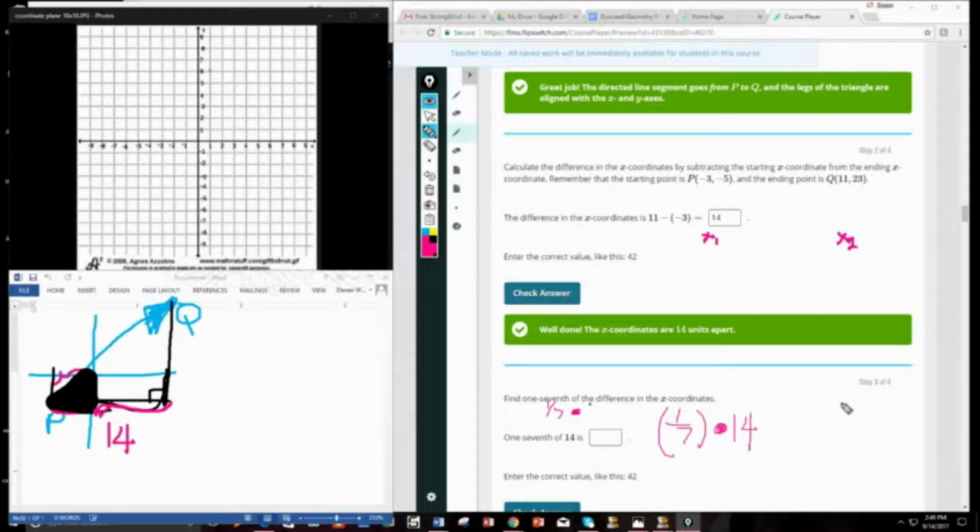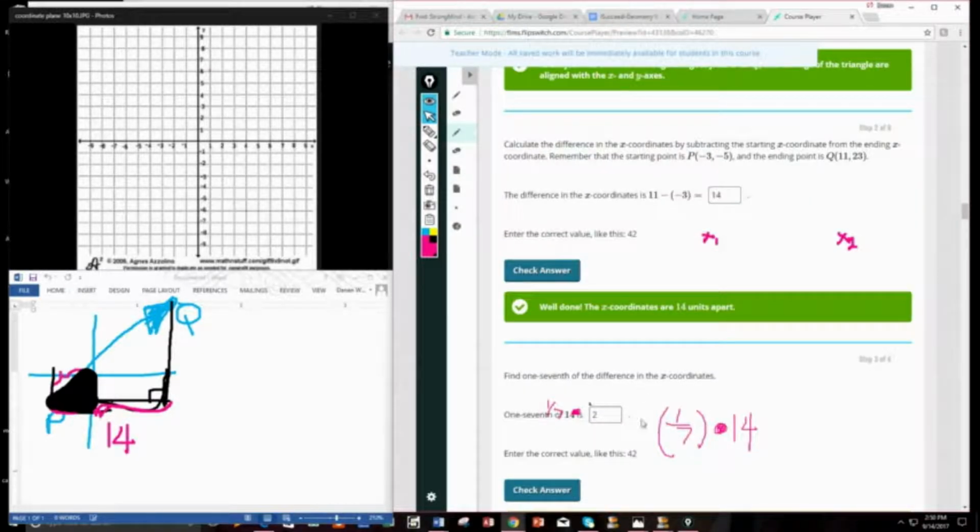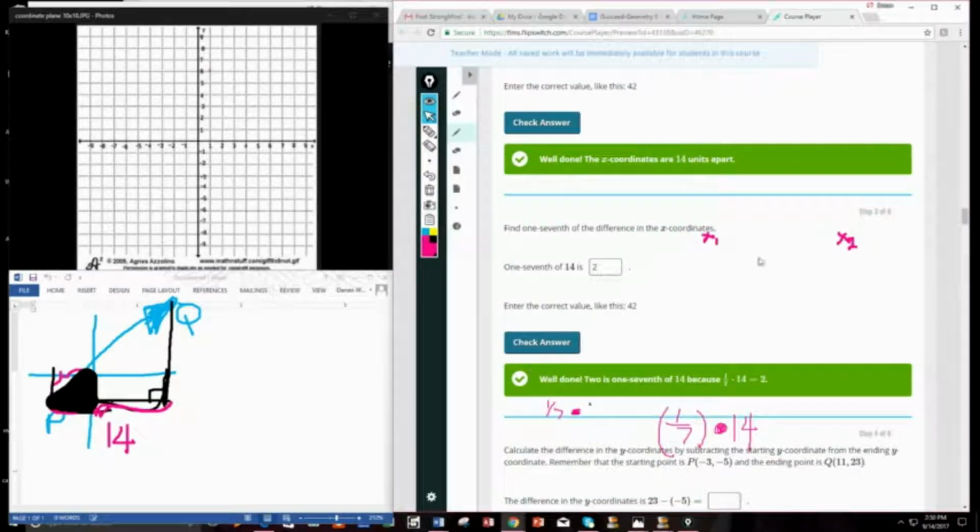And you can type that into your calculator, and that will come out to be 2. Here we go. So, well done.